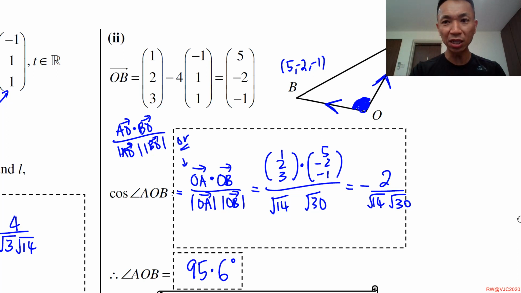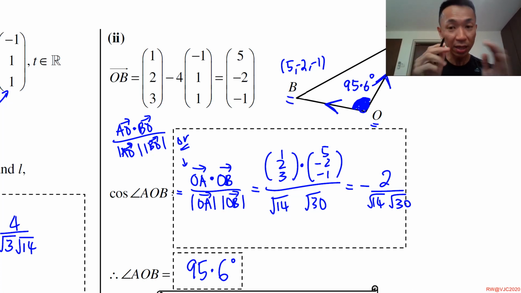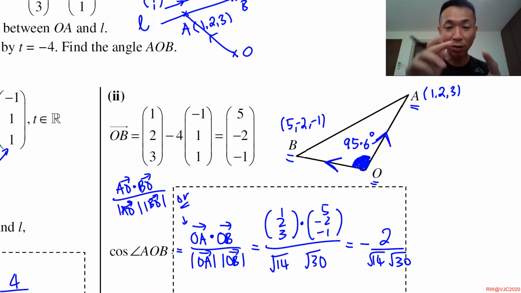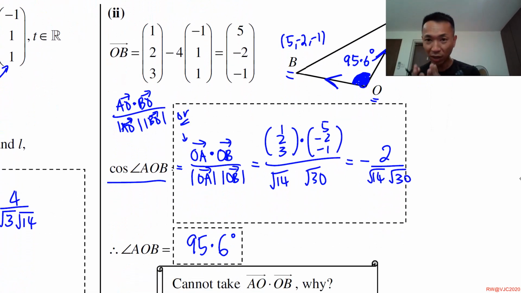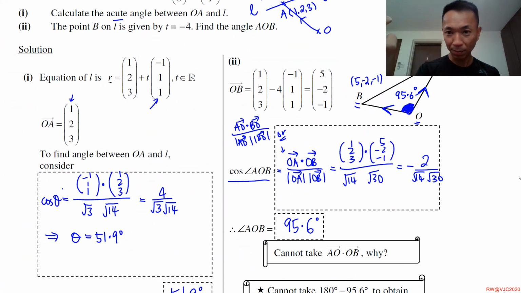Why? Because for 3 points in space A, O, B, this could well be 95.6. And it is 95.6. Nothing can change the fact that it's 95.6. You will only take 180 minus the obtuse angle for the angle between two lines. This one is a specific angle in space. For example 1, we refer to example 1 now.